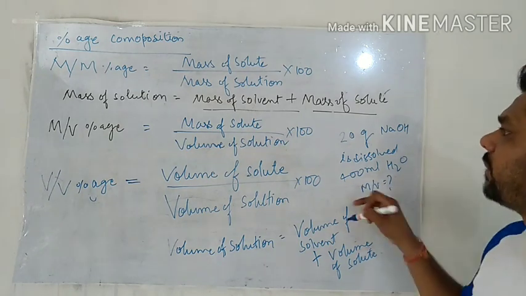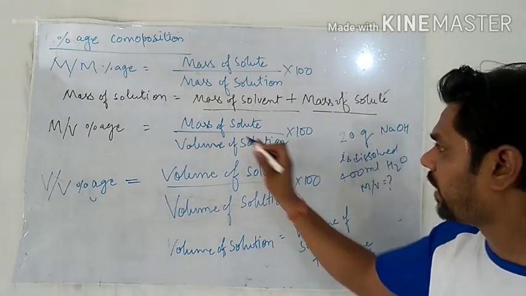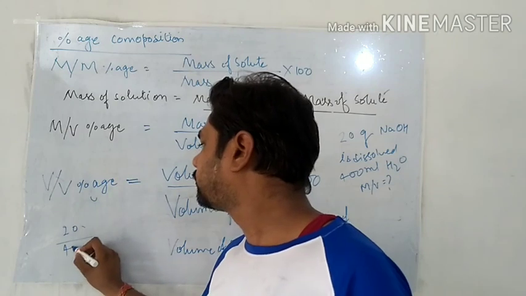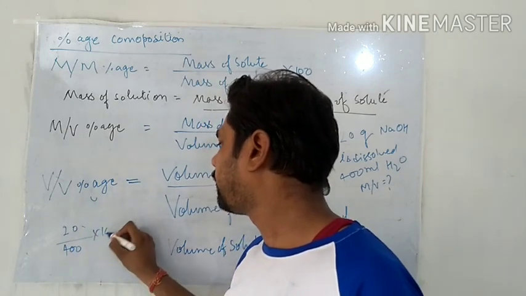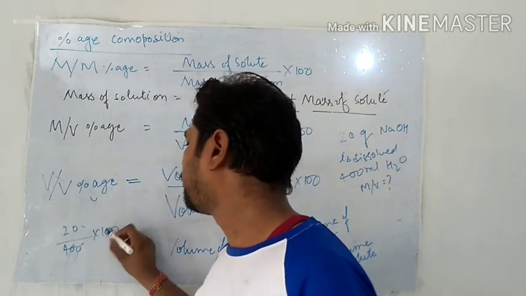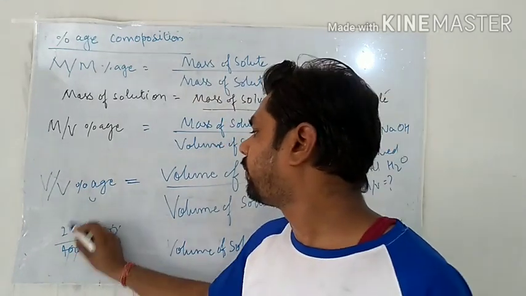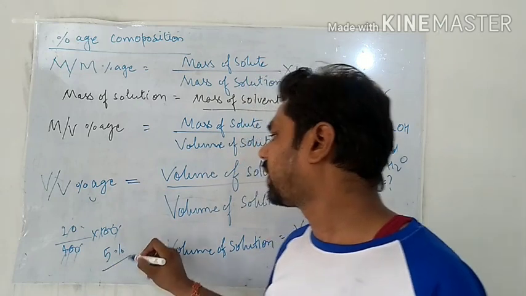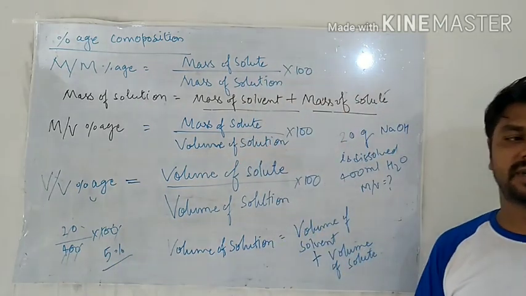So simply the mass of solute is 20, volume of water is 400, multiplied by 100. So simply dividing, 400 divided by 20 is 20, and 100 divided by 20 is 5. The answer that came here is 5%.